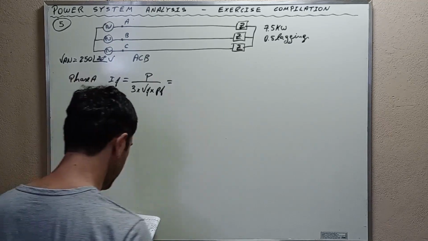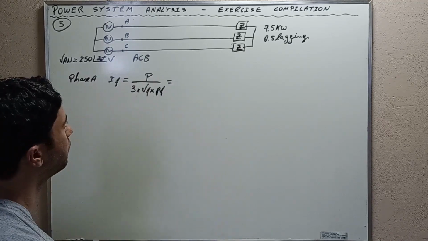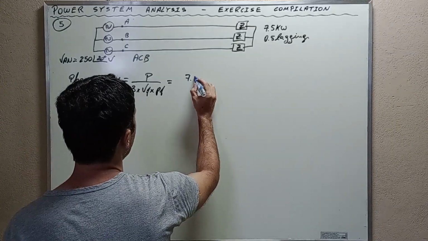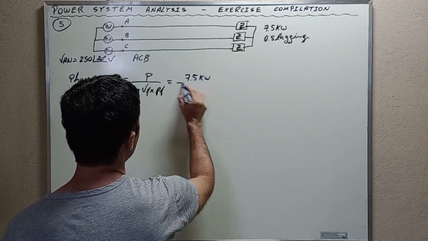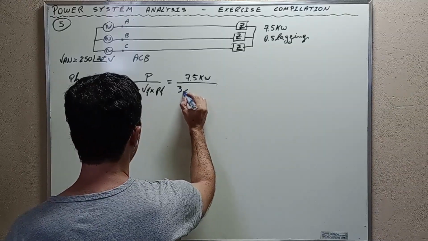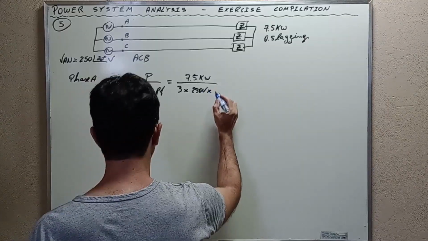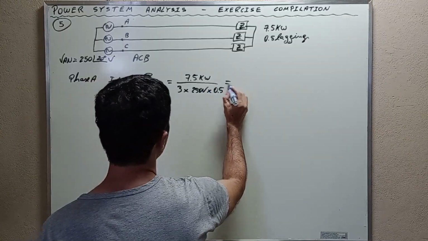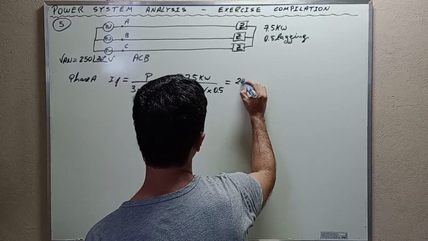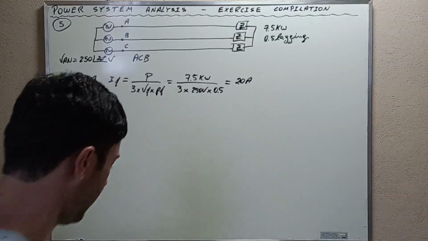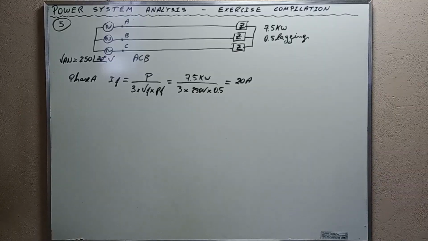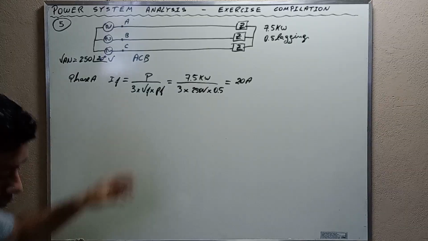And this is equal to, you just substitute the values, 7.5 kilowatts divided by 3 times 250 volts times 0.5, and this is equal to 20 amps. Okay, this is for phase A. The exercise wanted us to calculate the current that passes in phase B. We are almost there. We calculated for phase A first.